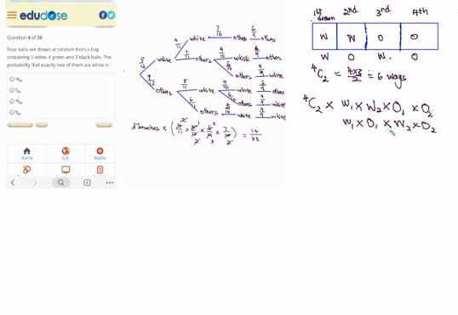You can continue working out all the 6 ways now. W1 times W2, these are probabilities. And times O1 times O2 is the same as W1 times O1, then times W2, then times O2. So it's the same. If you have the 6 ways, the probability of all this multiplication is the same.